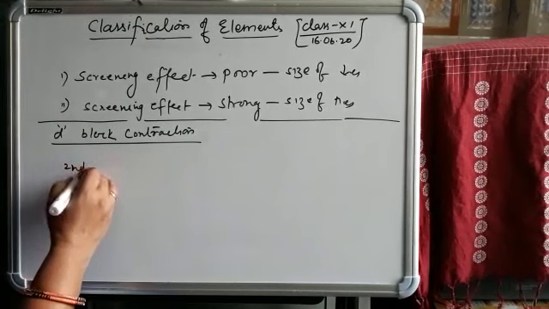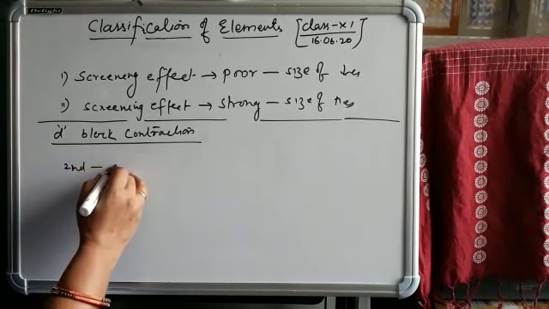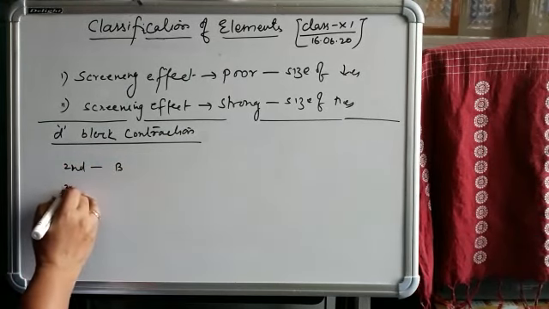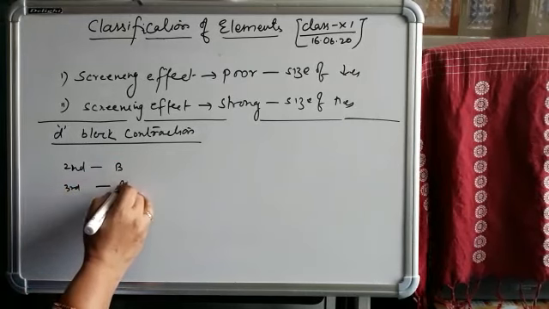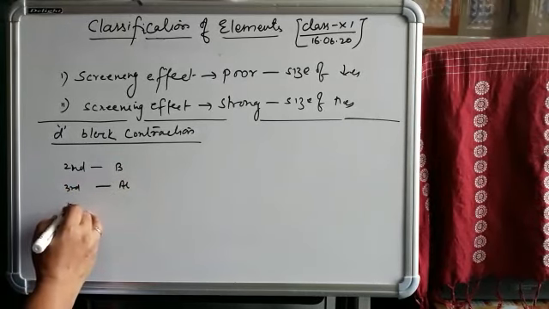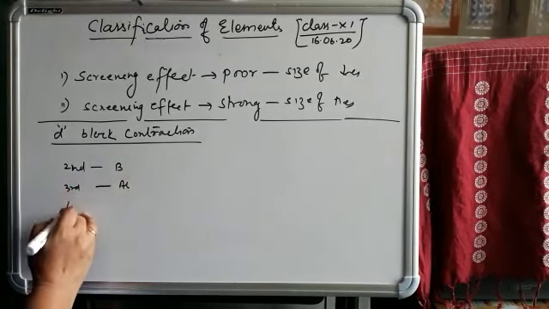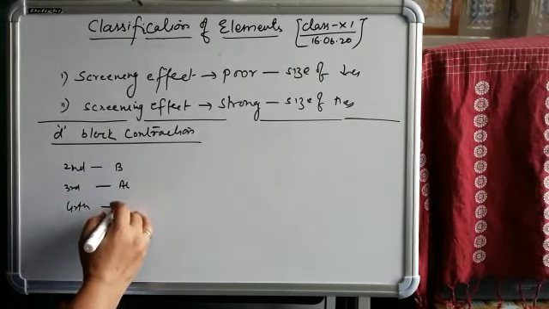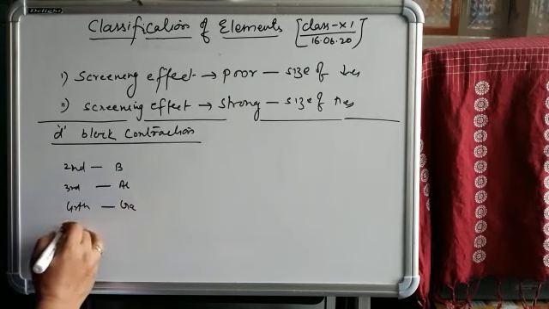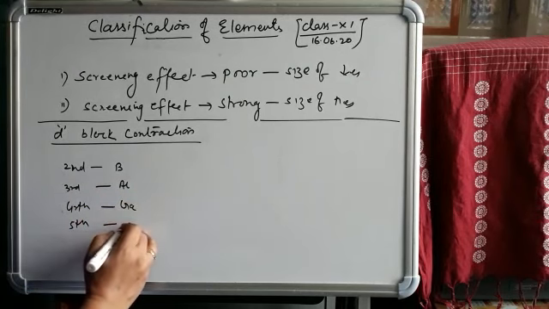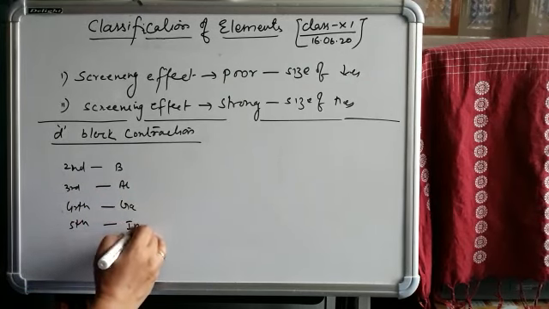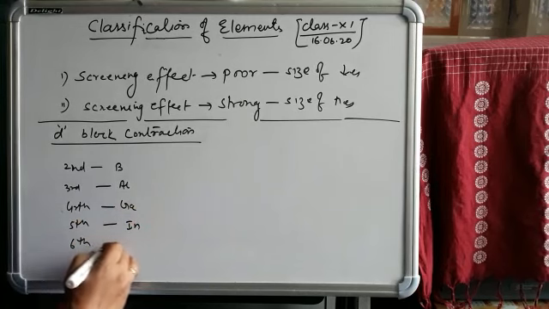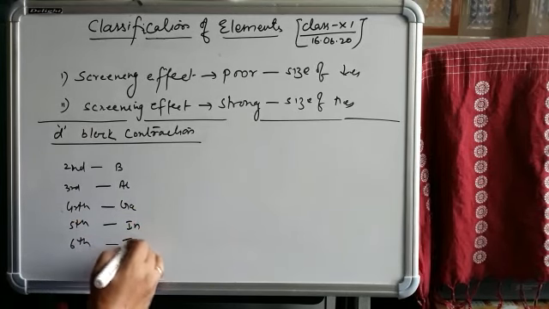second period. There is boron in third period, aluminum in fourth period. In fourth period, after aluminum comes gallium. In fifth period it comes indium, and in sixth period it comes thallium.